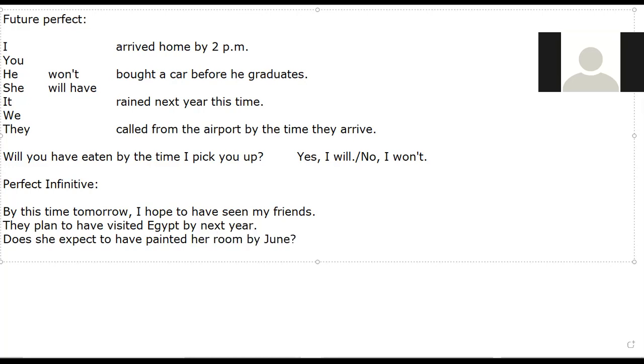For example, does she expect to have painted her room by June? Yes, she does. Ella espera haber pintado su cuarto para junio.